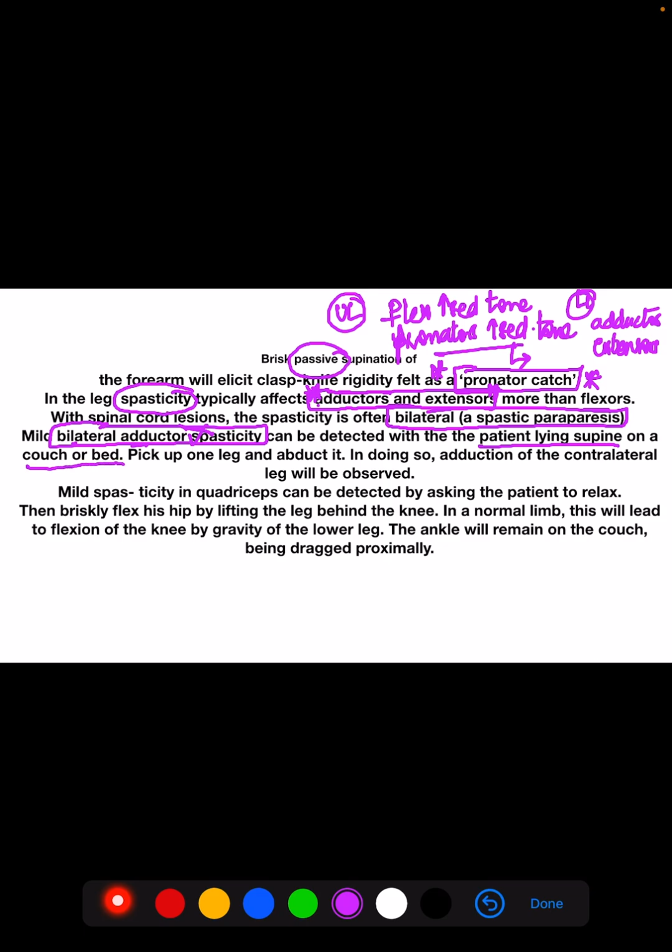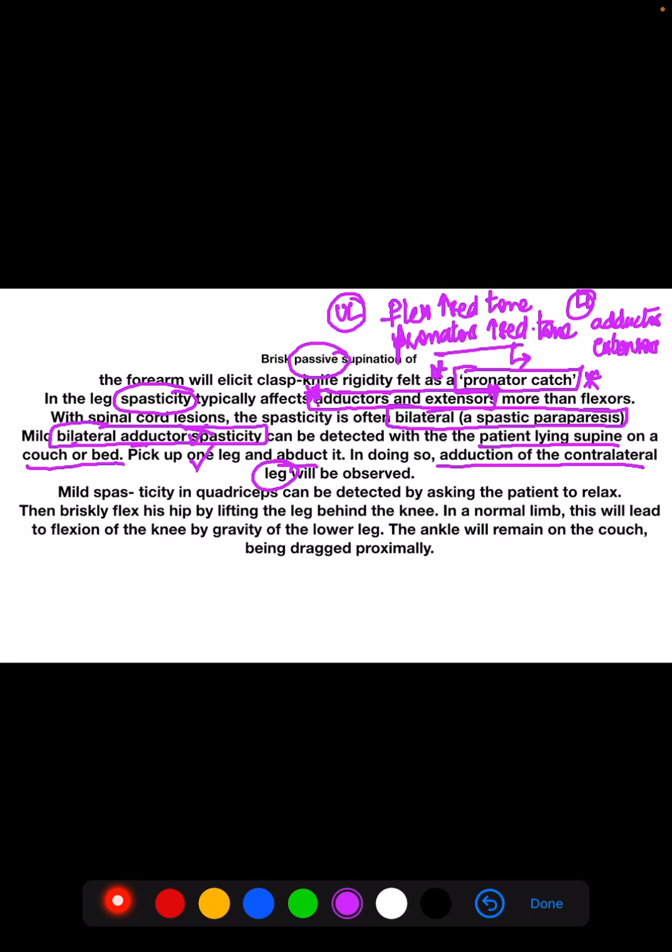We'll pick up one leg and abduct it. If we are abducting one leg, there will be adduction of the contralateral leg.